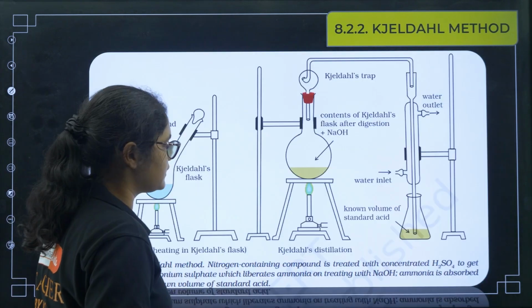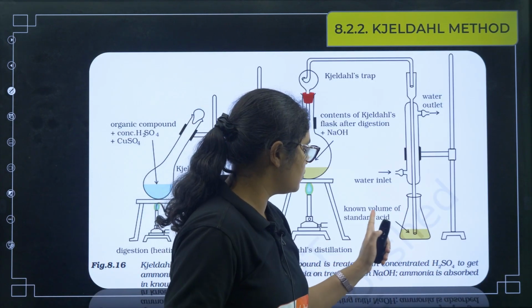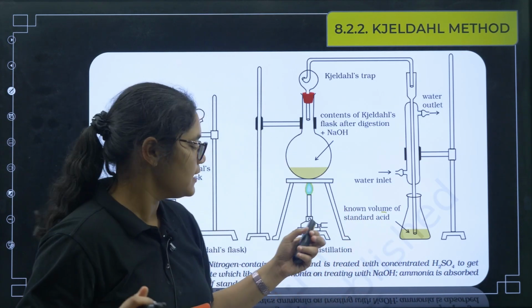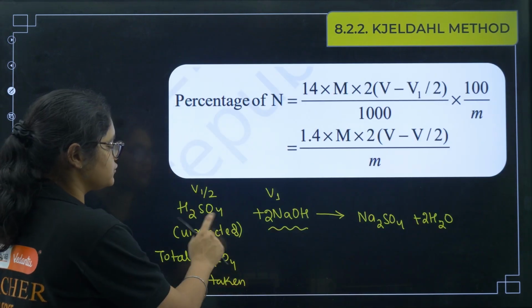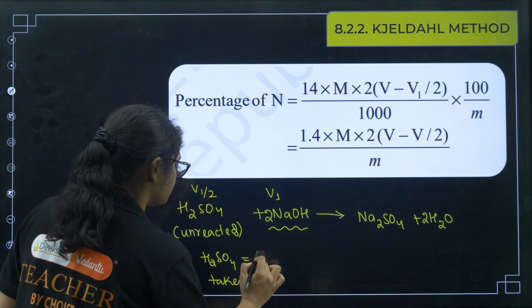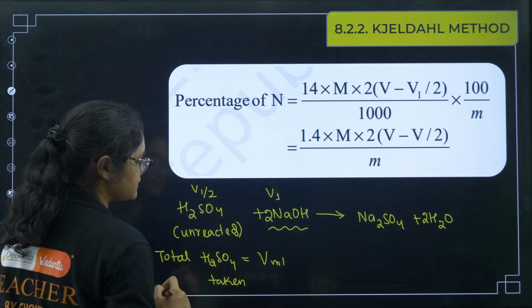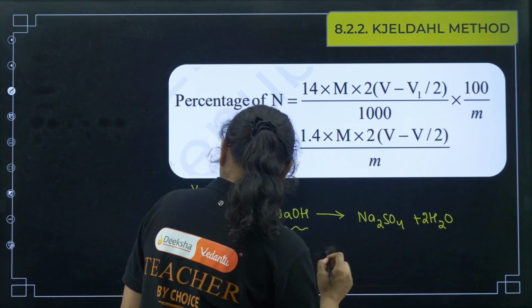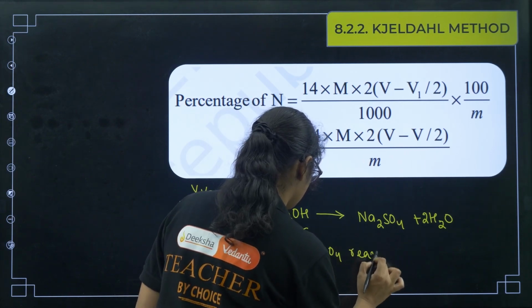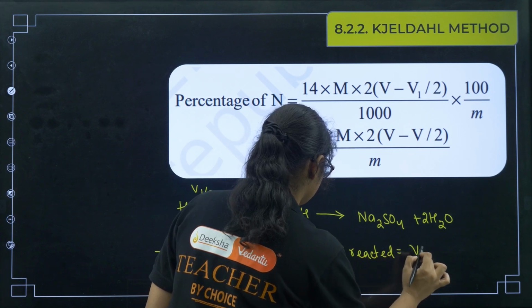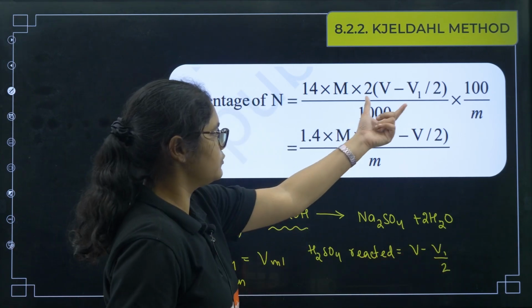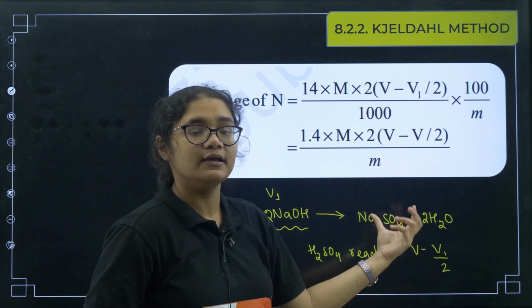When you started the reaction, a known volume of standard acid was taken in excess. So the total H2SO4 was V mL, and the unreacted is V1 by 2. Then the H2SO4 reacted will be V minus V1 by 2. This much H2SO4 actually reacted.